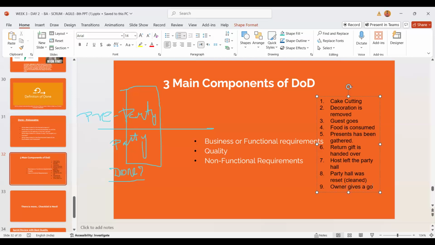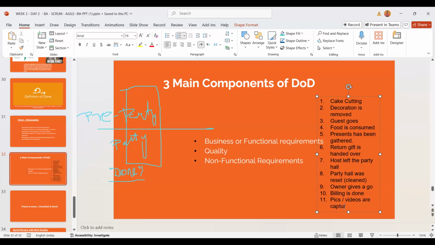Yes. Fine. What else? During the celebration there is also taking pictures. Okay. Pictures or videos captured. Billing is also done.